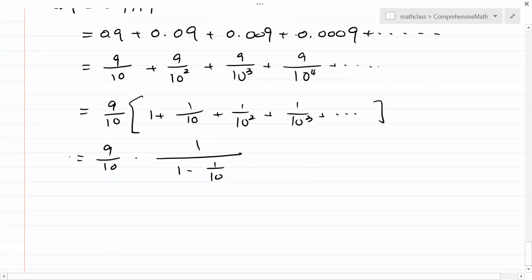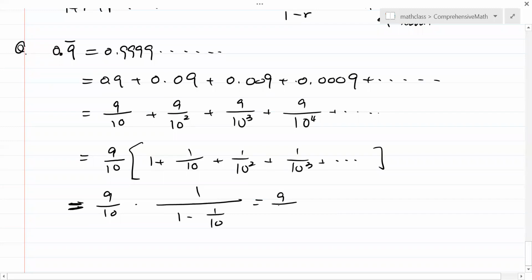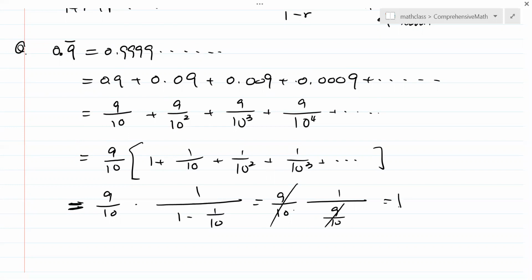This is the equality, in the limit sense. Then you get 9 over 10 times 10 over 9, so it cancels out and is just equal to 1. So the limit is 1. In mathematics, 0.9 bar is equal to 1. It's the same.